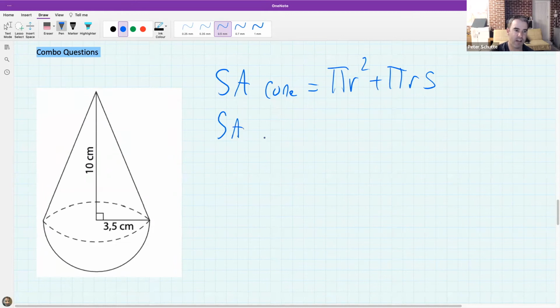The surface area of a sphere is 4 pi r squared. I want you to try and work out the surface area of this rather special shape that is a combination of those two formulas.